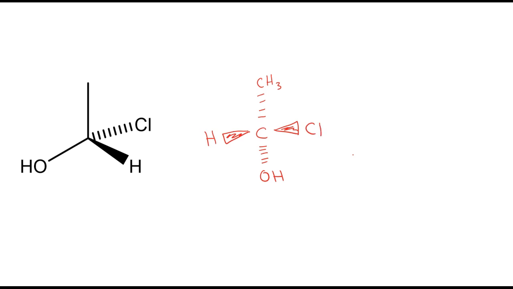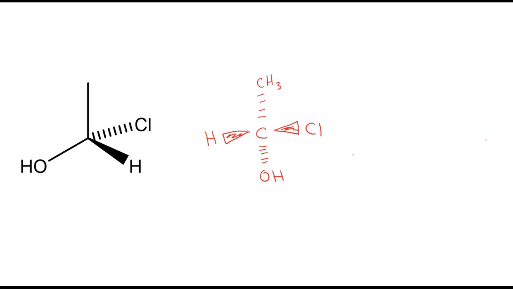This is still a dash and wedge representation, but it's a little bit cumbersome. This is sometimes represented using what's called a Fischer projection. Fischer was the first to use these representations to explain complex carbohydrates that have a number of carbon atoms that have many different substituents.